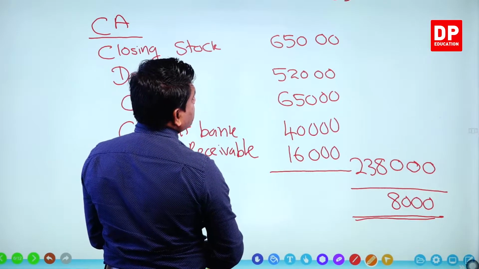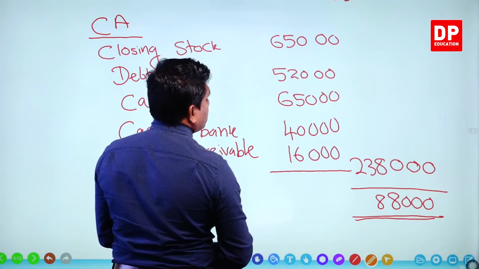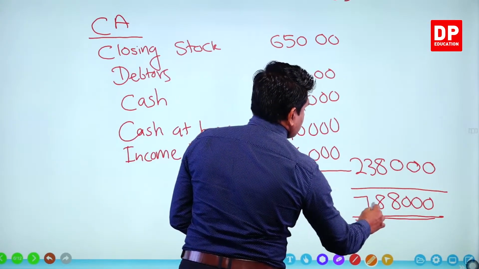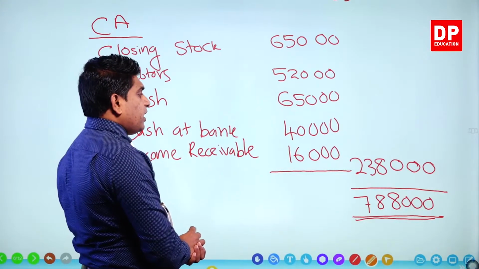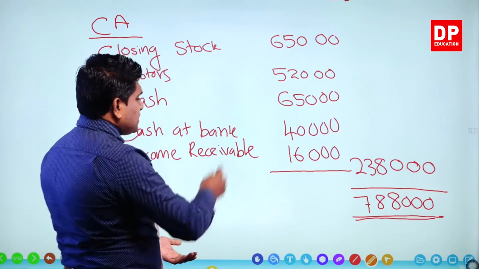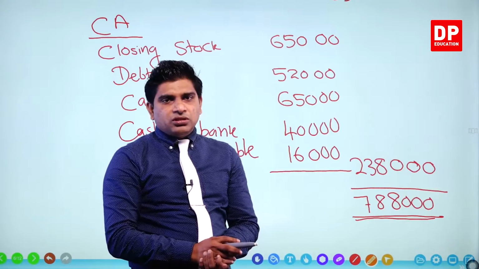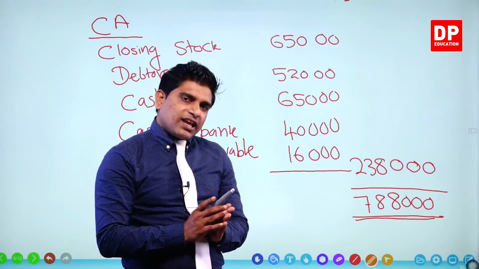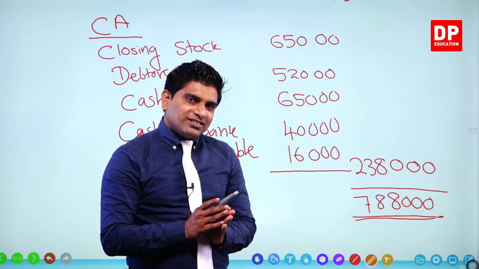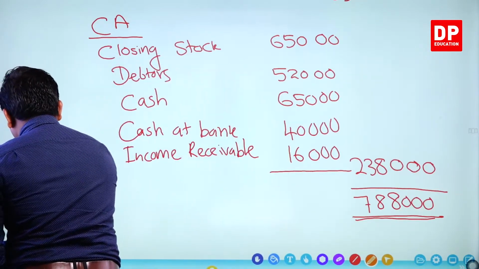Then 5 plus 3, 8,000. 788,000. Right? Now, this is the way of preparing statement of financial position. Only assets area. Right? Okay. Now we go to the next part.